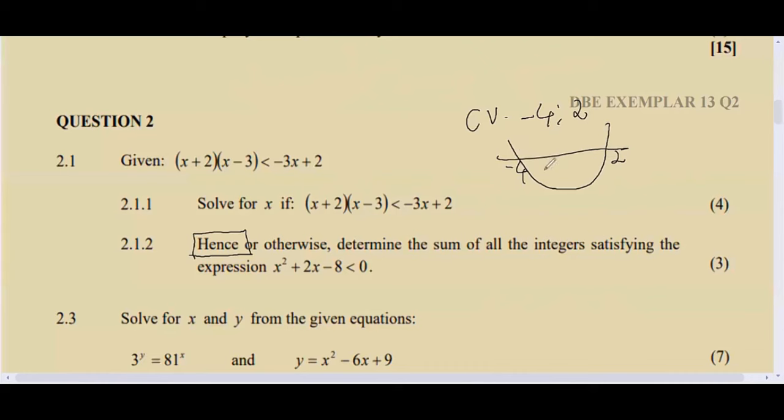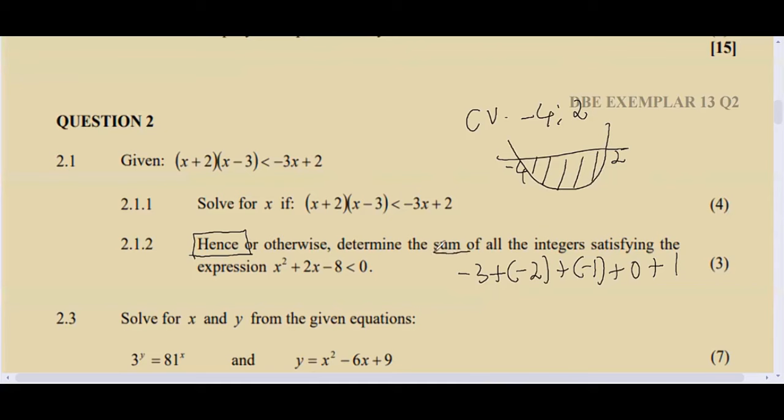So that means the integers that would be here, there would be negative 3, and then also there would be negative 2, and then there would be negative 1, there would be 0, and then there would be 1, right? If we are to calculate the sum, it simply means we add all the integers that will be involved within this solution.